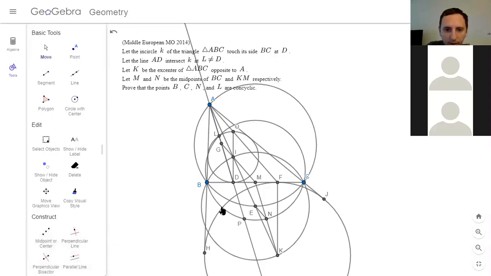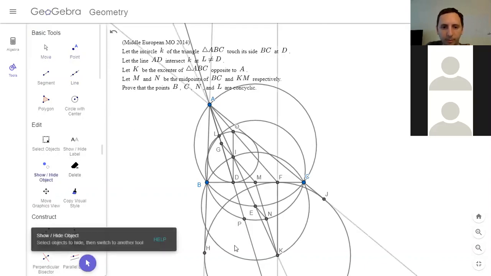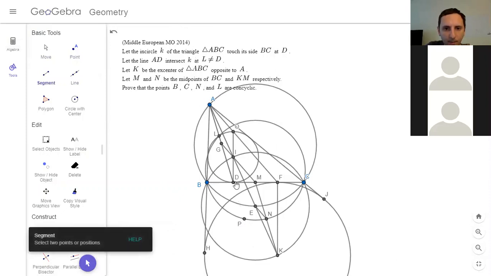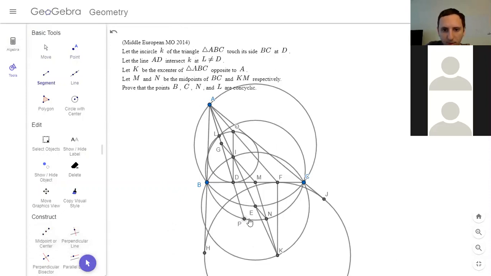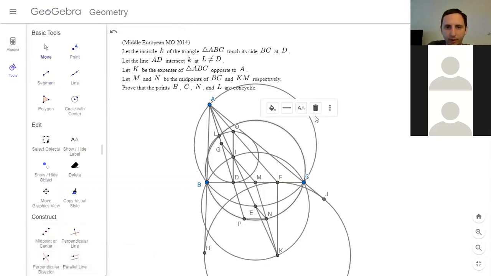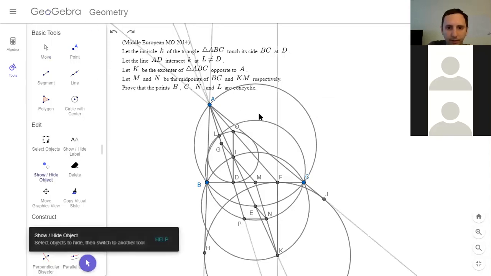It's probably an angle chase or spiral similarity or something. So we would have that. Let me hide it, because we don't know that this circle exists yet.